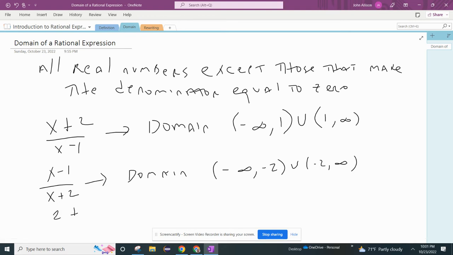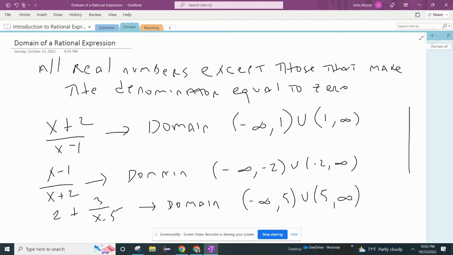So say we had 2 plus 3 over x minus 5. Then that domain, we still take the denominators and set them equal to 0 and solve. Exclude those numbers from the domain. So this is negative infinity to 5, joined with 5 to infinity.